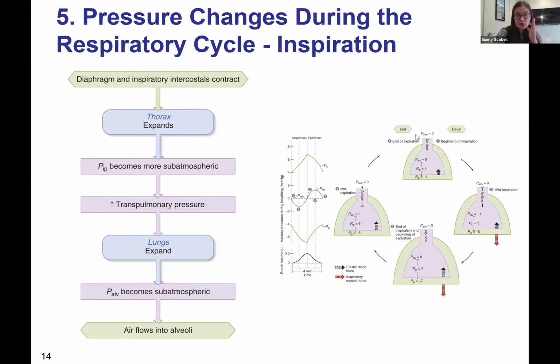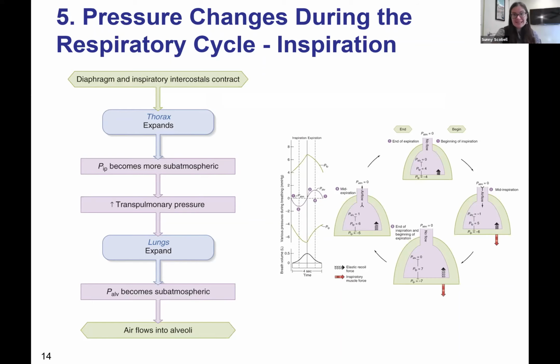And the first thing, as you pull on that chest wall, you're going to make your PIP more negative. Okay, you're going to make it more negative because you're pulling on it, and you're making that PIP actually bigger for a second as well.